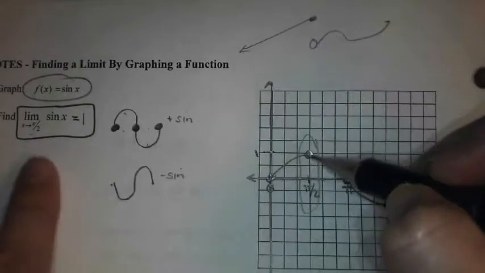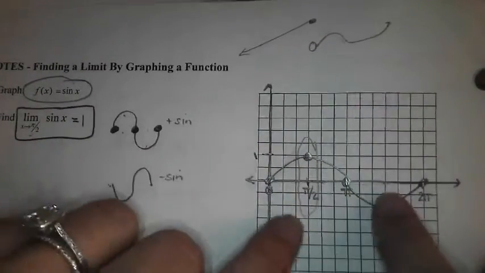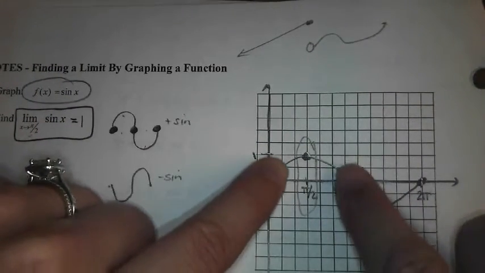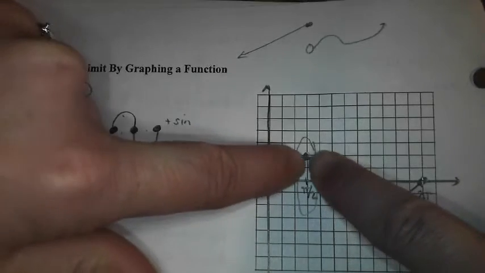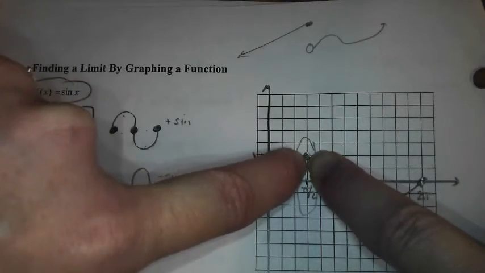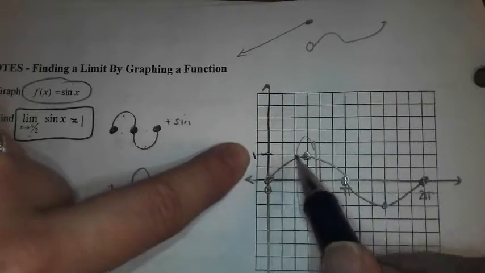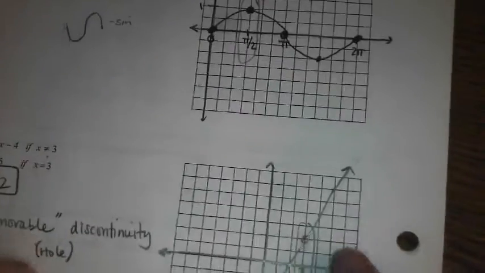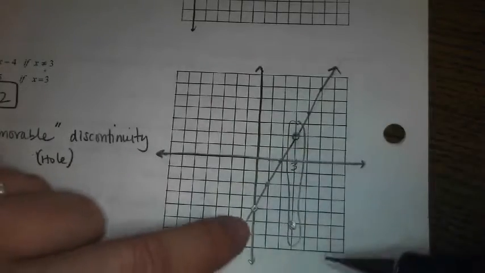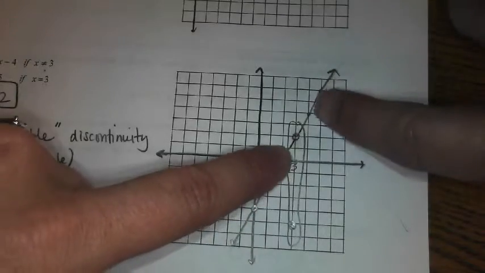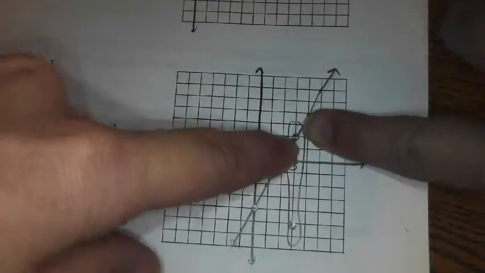So this one, looking for your limit as you approach pi over 2. If I go from the left and from the right, Ryan, and my two fingers are pointing at each other, then the limit exists. And it's whatever that y value is, which is 1. So on this one, as I come at 3 from the left and from the right, my fingers are also pointing at each other.